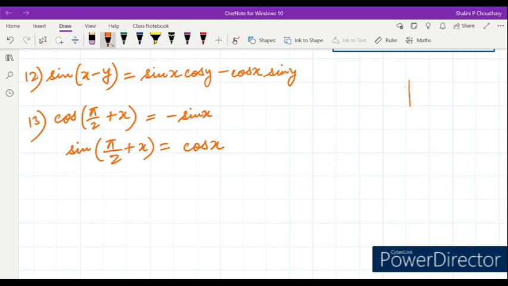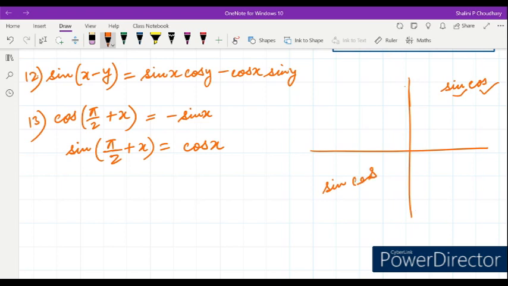Because see this, in the first quadrant, sine, cos, tan all are positive. Sine and cos both are positive, that's why tan will be positive, because sine upon cos is tan. In this one sine and cos both are negative.